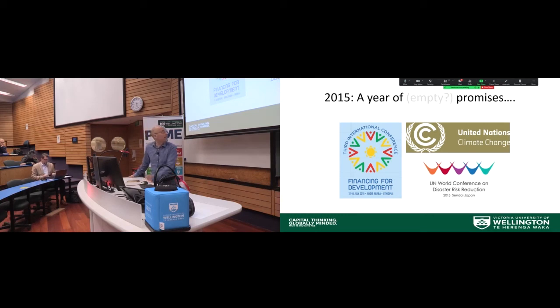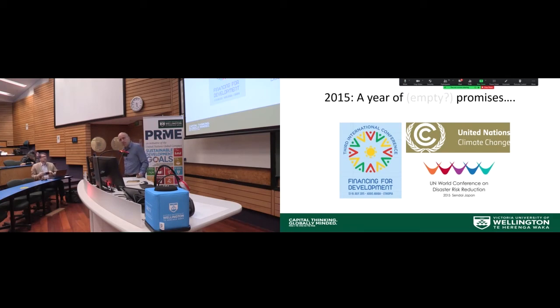We also had the Sendai Conference on Disaster Risk Reduction, which was held earlier in that year, in March 2015, in which we signed, and I mean New Zealand is a signatory to the Sendai Agreement for disaster risk reduction. And we also had the Financing for Development conference in Addis, where we also agreed to various benchmarks in terms of how much we should invest in this goal for development.